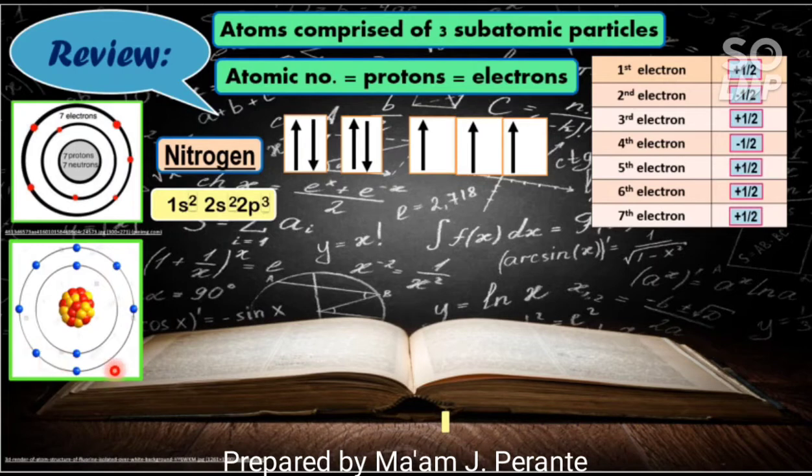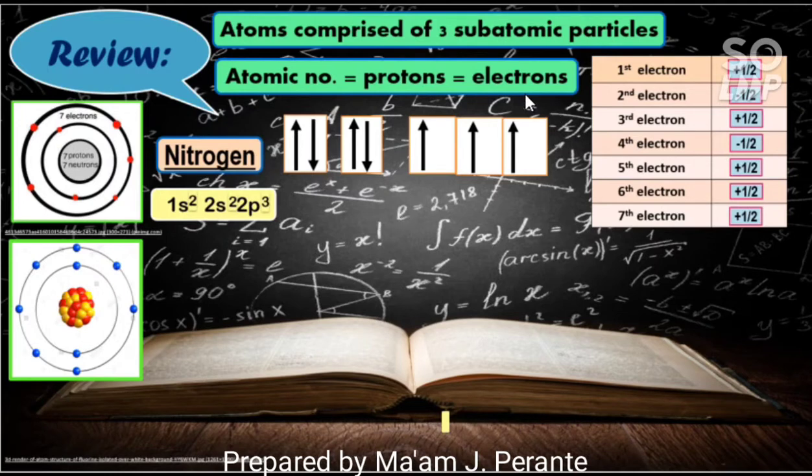So, like what we did in nitrogen, all we have to do is to count these blue circles, which represent the electrons. So let's count. 1, 2, 3, 4, 5, 6, 7, 8, 9 electrons. So there are 9 electrons in this diagram. What do you think is that element having 9 electrons?